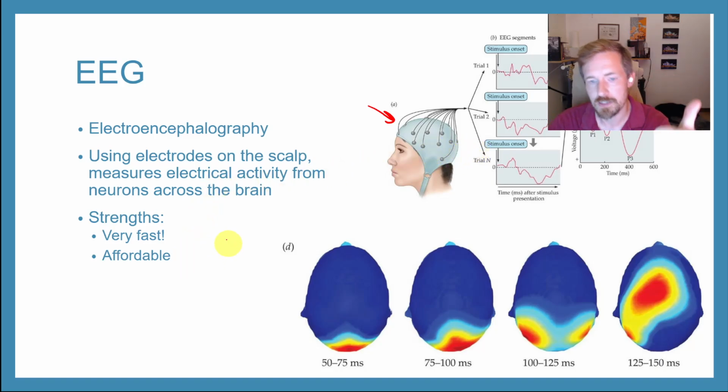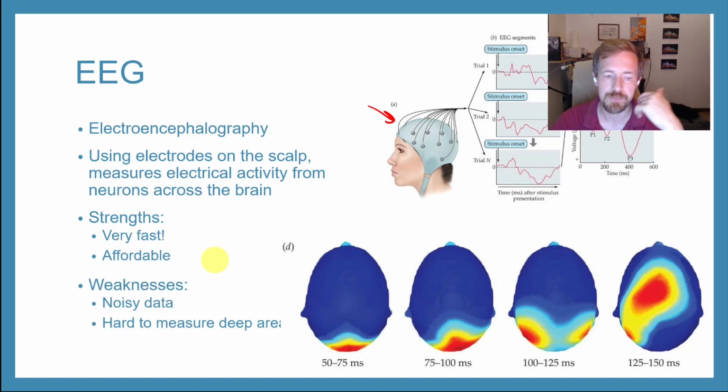It's very fast. It's relatively cheap. If Westfield got any of these neuroimaging devices, it would almost surely be EEG because it's affordable in that way. The weaknesses, though, are that the data is very, very noisy. So, for example, if you're looking at this trend right here, what the heck does that actually mean, right? That's hard to interpret.